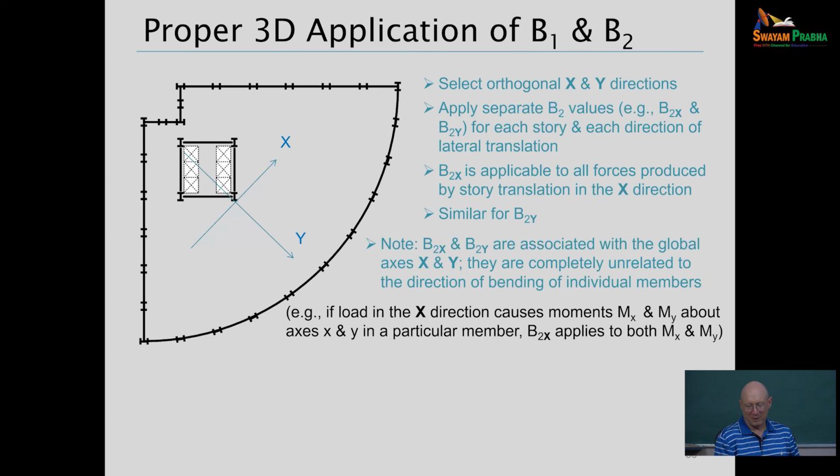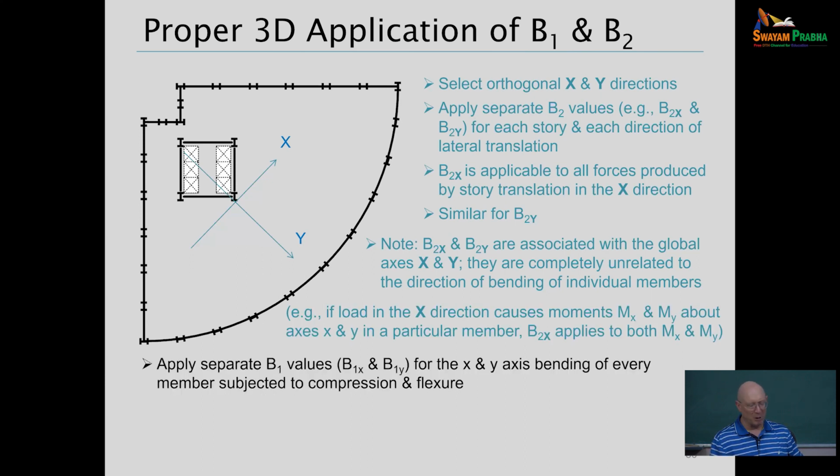In other words, if we have a load in the capital X direction, it generally would cause both weak axis and strong axis moments in a given column here. And so B2 capital X would apply; we get M little x, M little y moments about both axes. B2 capital X applies to both of those moments if they're generated by displacement in the global X direction.